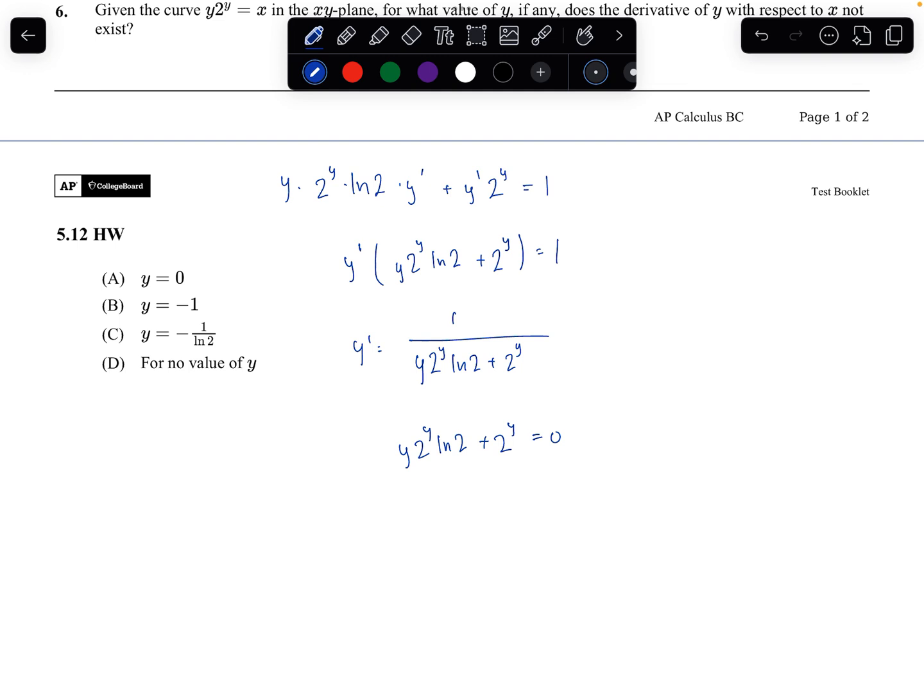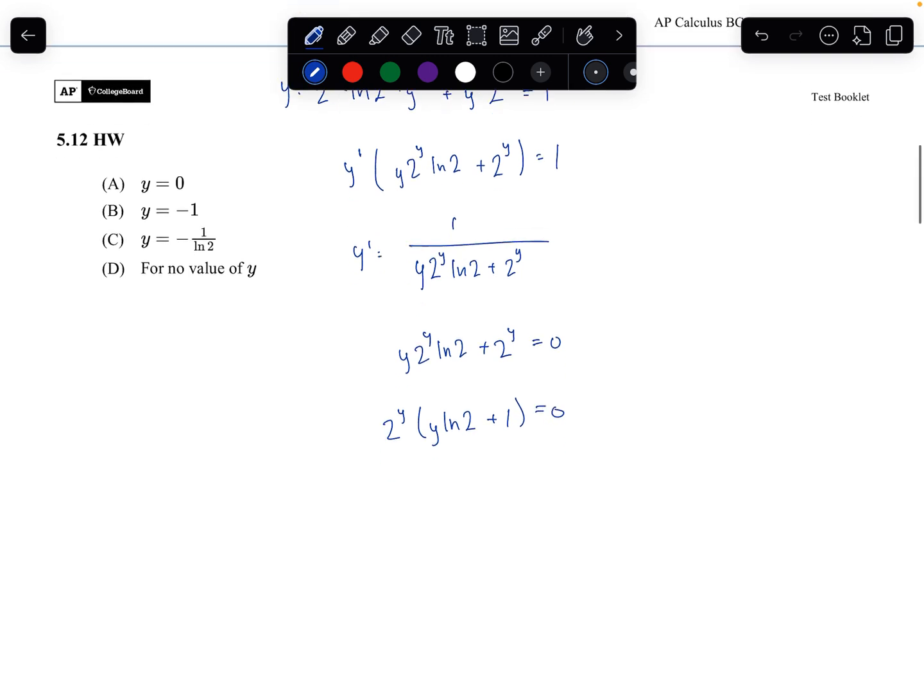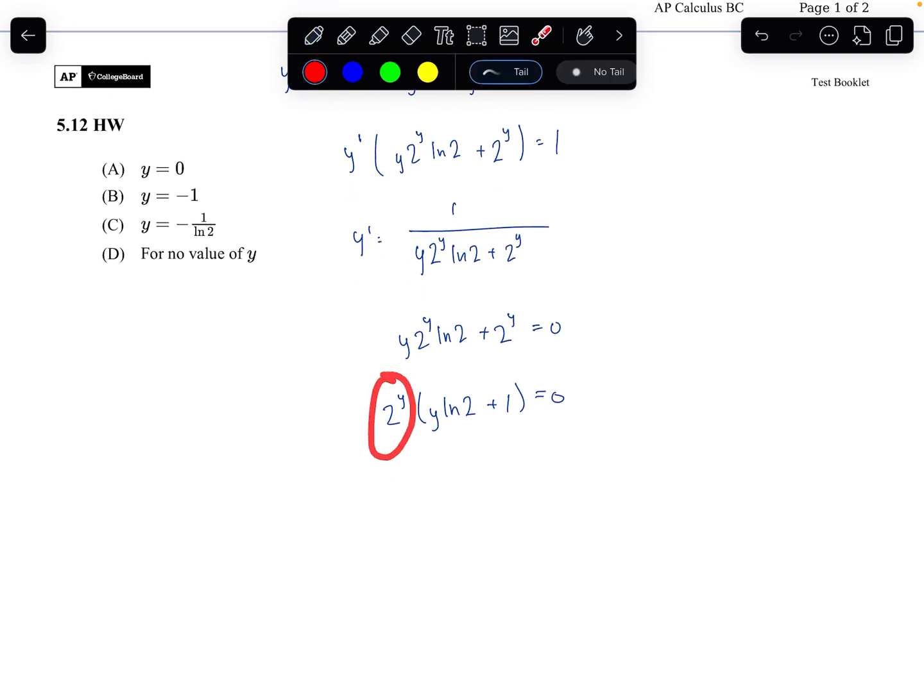So I'm going to factor out a 2 to the y, and I'm going to be left with y natural log of 2 plus 1 equal to 0. 2 to the y is never going to equal 0. And so it's got to be when this is going to be equal to 0.